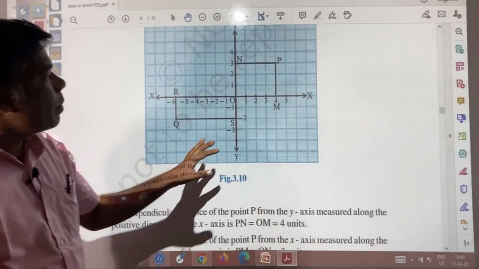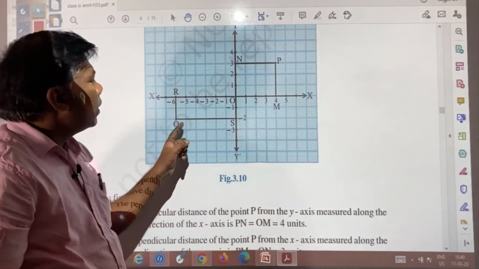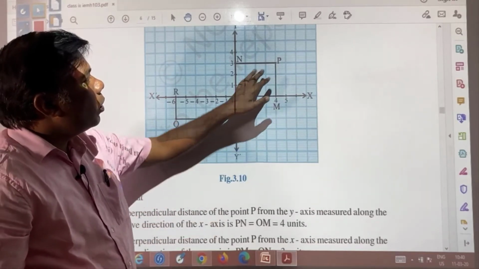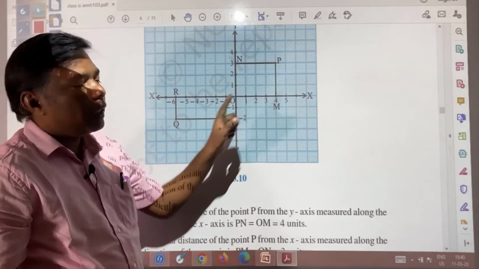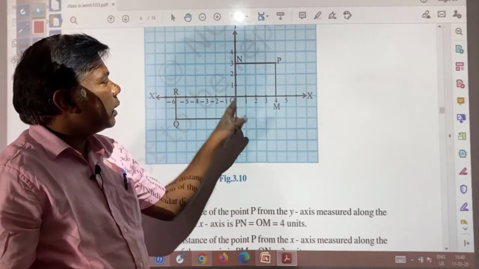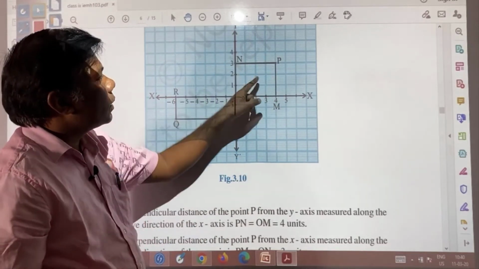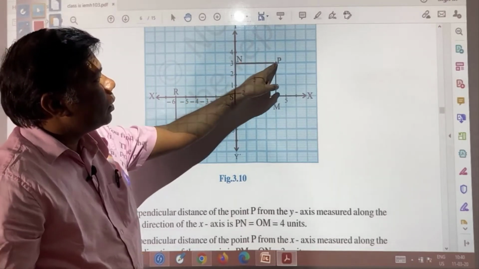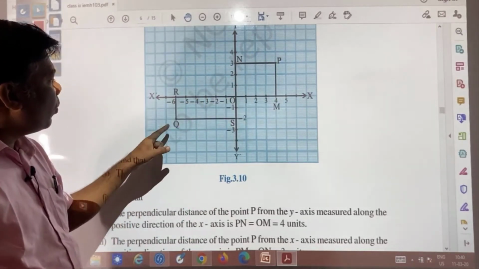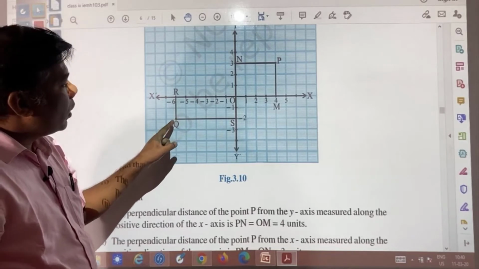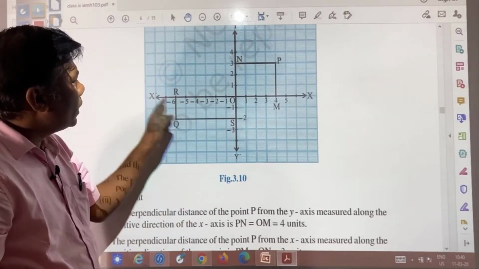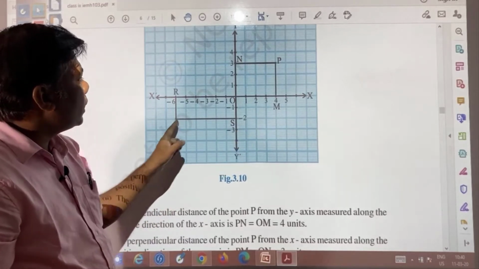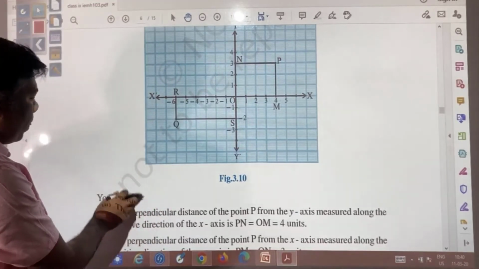Here you have P, here you have Q. From P, perpendiculars have been drawn to both axes, so these are PM and PN. In the same way from Q, perpendiculars have been drawn to the y-axis and x-axis, that is, here you have S and here you have R.